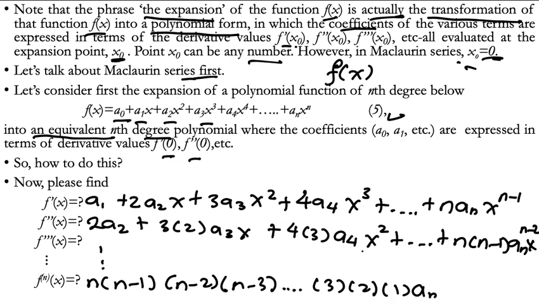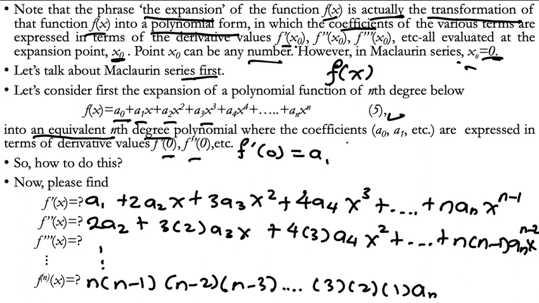Here, if we evaluate at x equal to 0, this particular x value, then we can have f prime 0 equals a1, because x becomes 0 and we are left with a1.